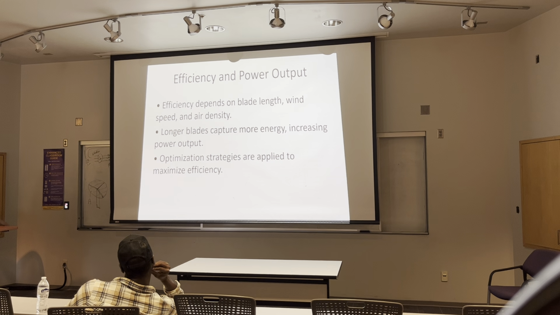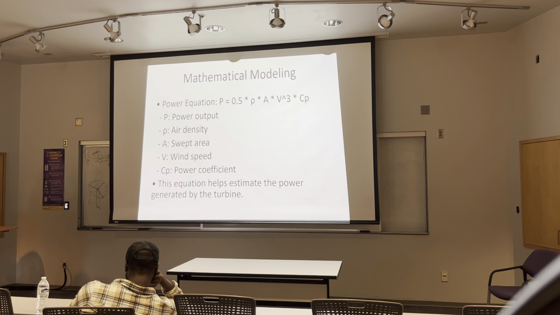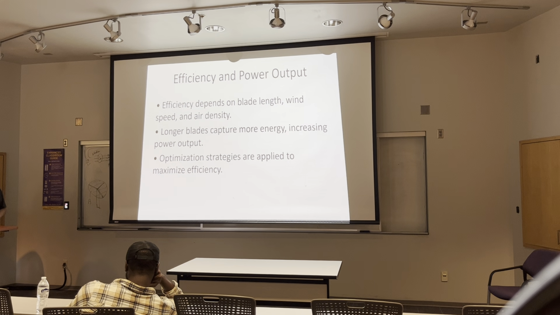So efficiency depends on the length, and wind speed, also on the air density. In this equation, rho is air density, wind speed, and also blade length. Why blade length?